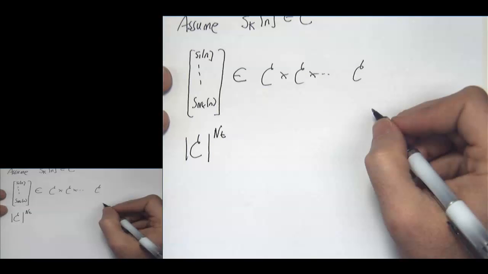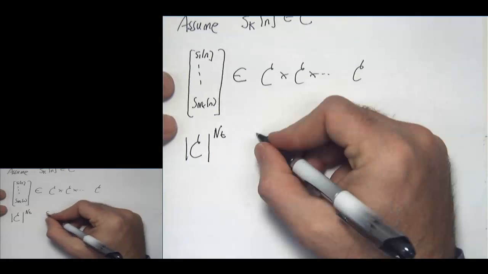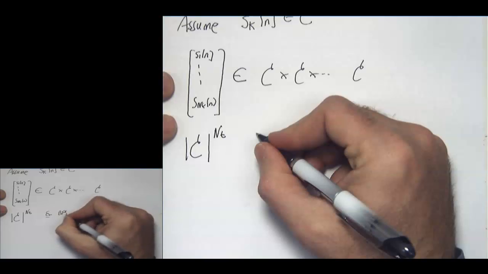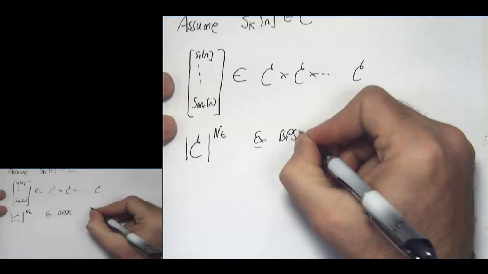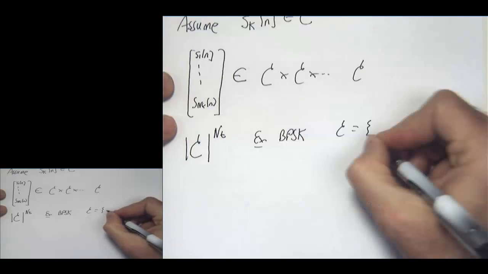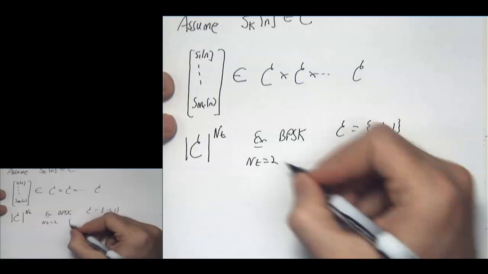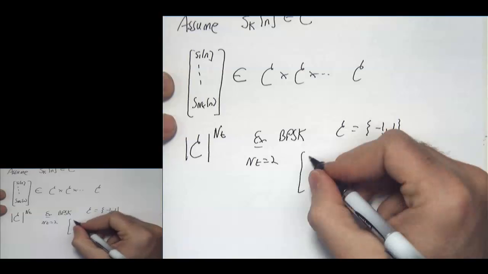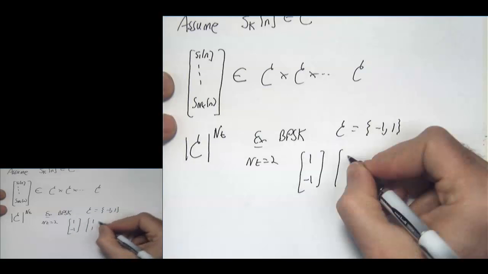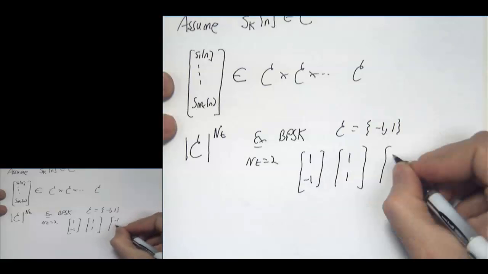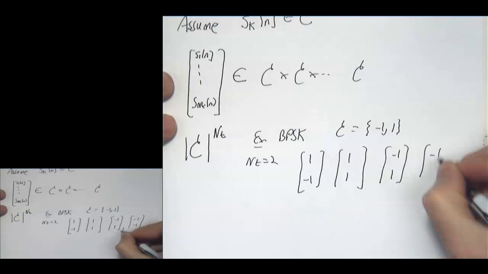To see that, consider BPSK, so suppose a constellation is -1 and 1, and we had nt equals 2. We'd have 4 possible sets of symbols: 1, -1; 1, 1; -1, 1; -1, -1.